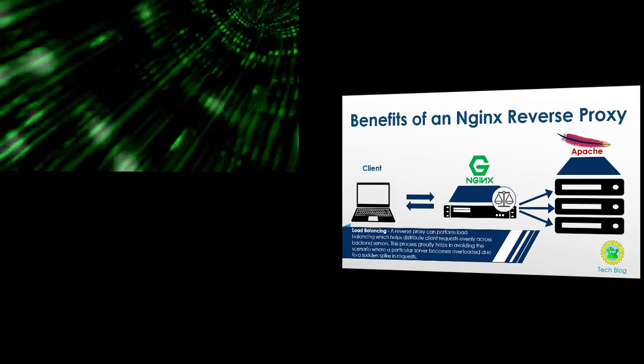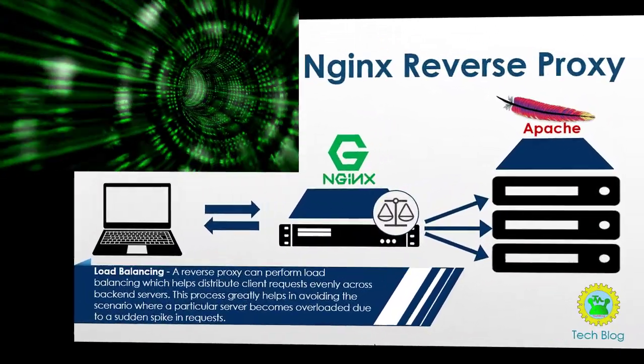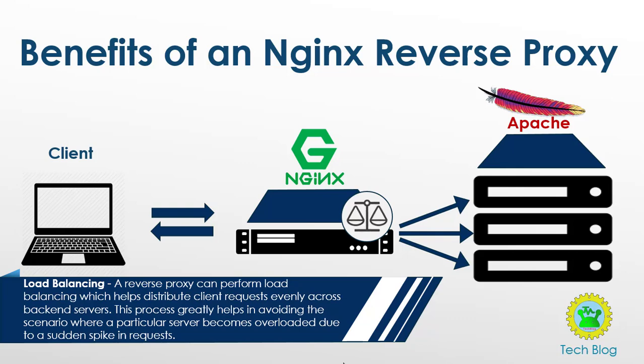Load balancing also improves redundancy, as if one server goes down, the reverse proxy will simply reroute the request to a different server, and in that manner we can use Nginx as a load balancing server.